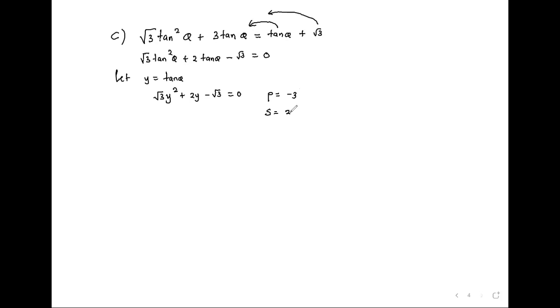So the factors will be minus y plus 3y. Then √3 y squared minus y plus 3y minus √3 equals 0.